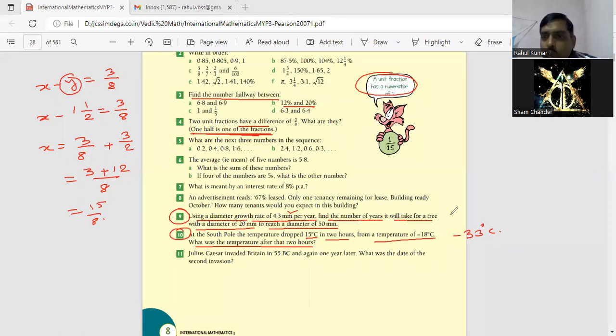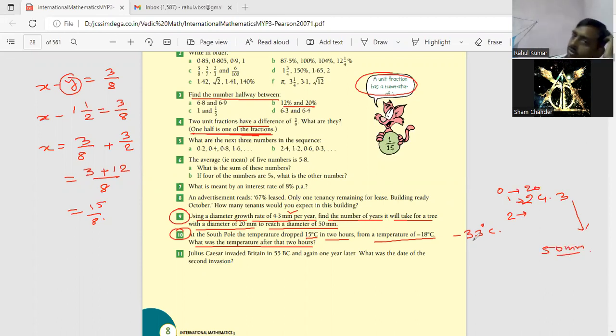See, do it just in arithmetic. Year 0 is 20. First year is 24.3. What is the second year? Similarly, do the rise until 50 mm. How many years will it take?